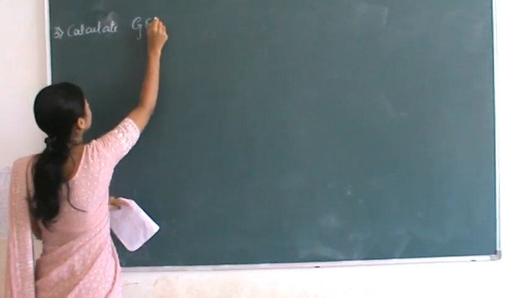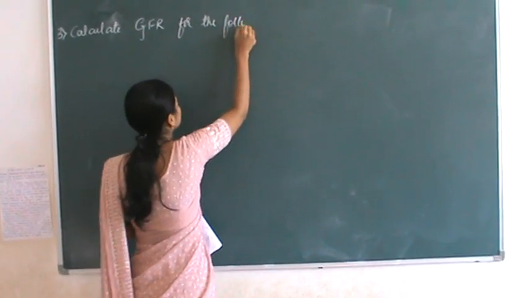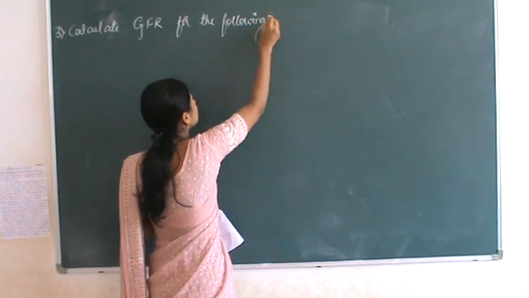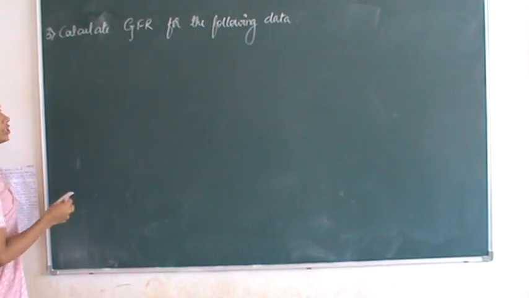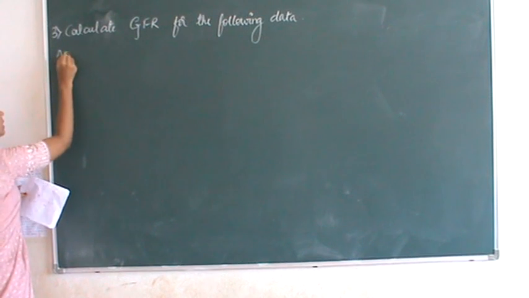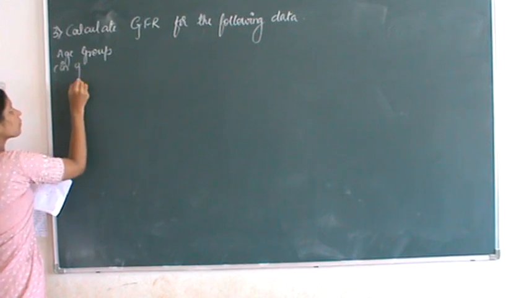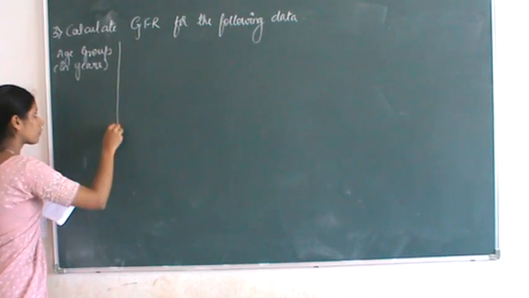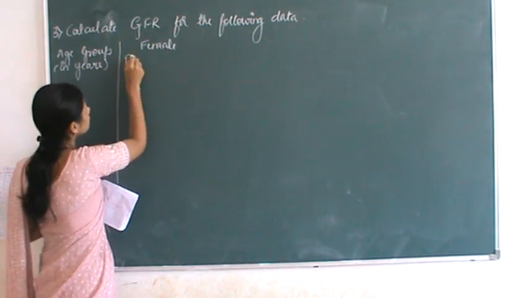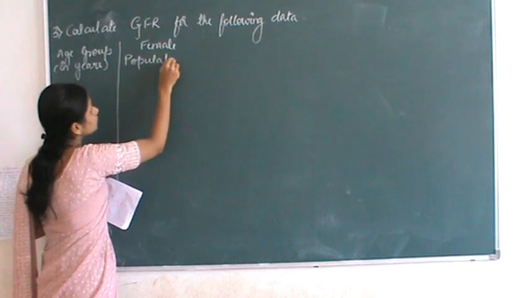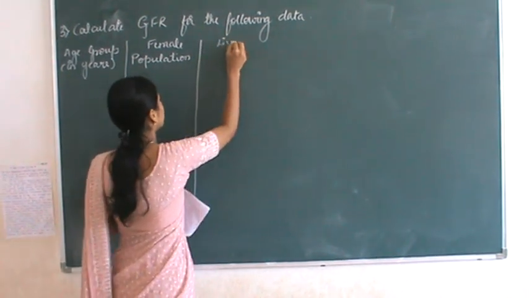General fertility rate for the following data. For the calculation of general fertility rate, the information given is age group in years, second information is female population, third information is live births.